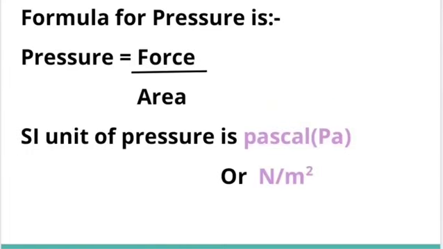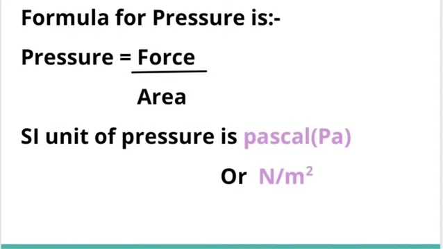Okay, this is the formula for calculating the pressure. Pressure is equal to force upon area, and the SI unit of pressure is Pascal. We can say that pressure is also measured in Newton per meter square. Why?